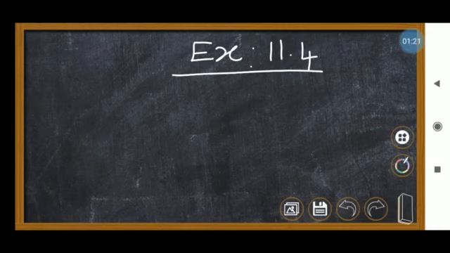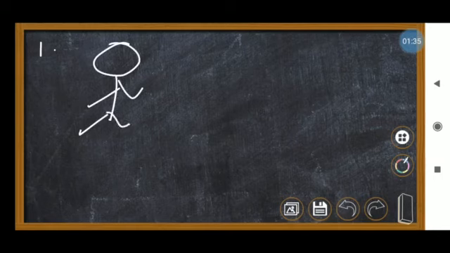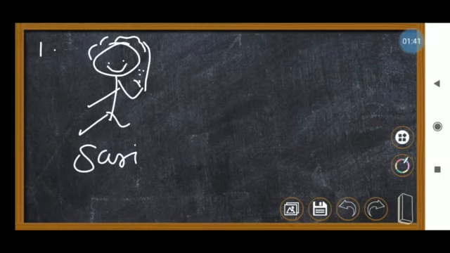First we have to analyze the given condition: take Sarita's present age to be Y years. So I will write problem number 1. First, the person name. The person name is Sarita. So Sarita's present age will be Y years.